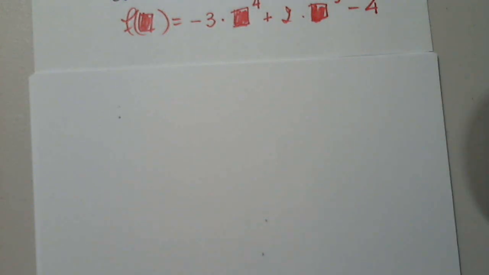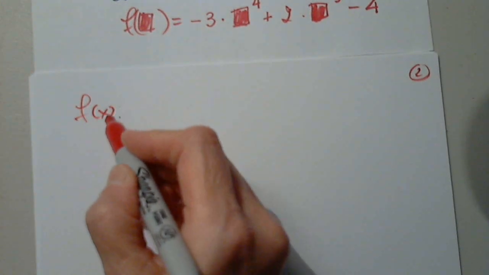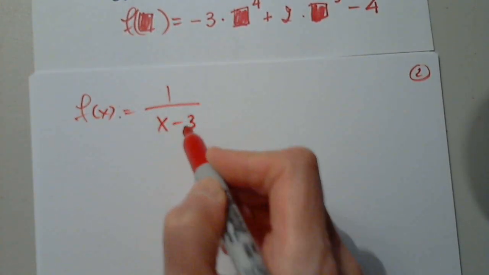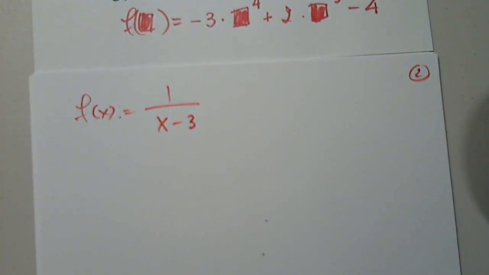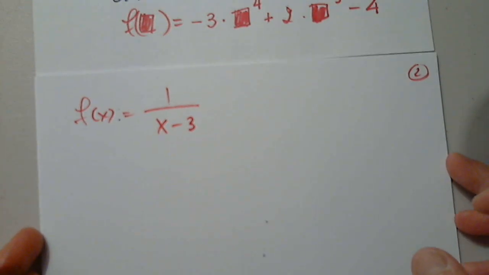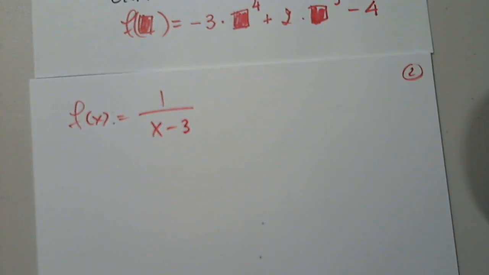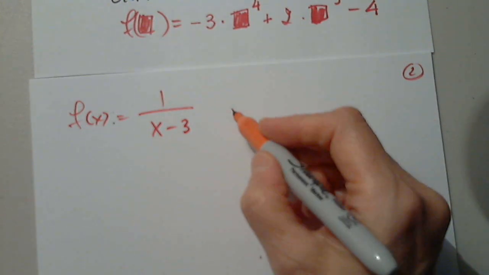What about such a function? What is this function telling us? We're analyzing or trying to understand what the function is saying.